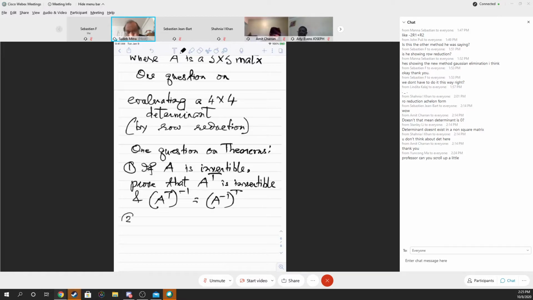2, prove that the transpose of an orthogonal matrix is orthogonal.